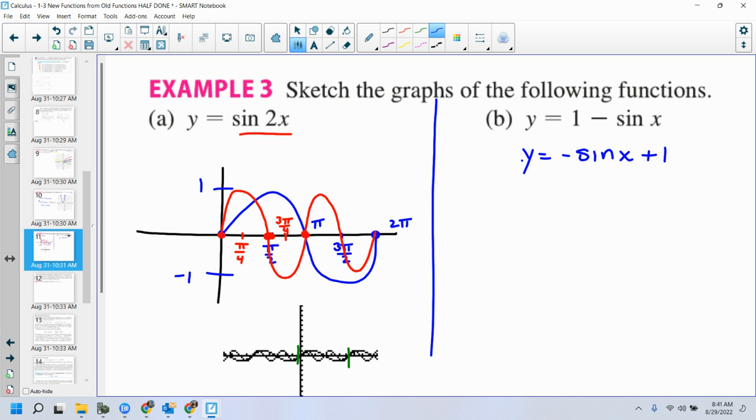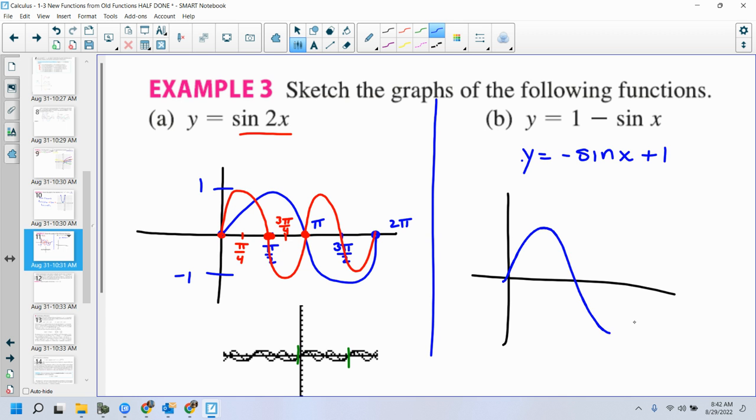What's happening there? What do I see as transformations? Up 1 and then a reflection over the x-axis. Yeah. Let's see if that actually happened. Now, I could go in and graph this by hand and sketch it, but I think you guys would get the, here.